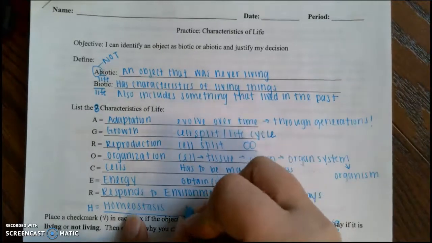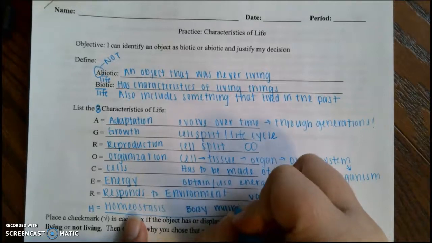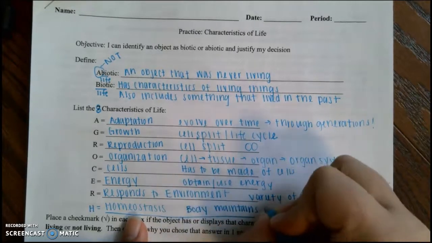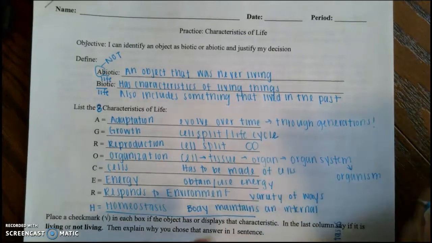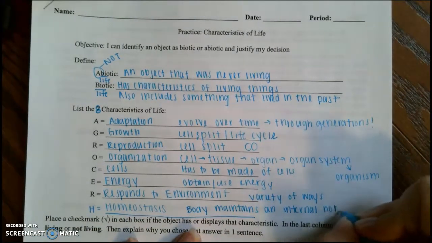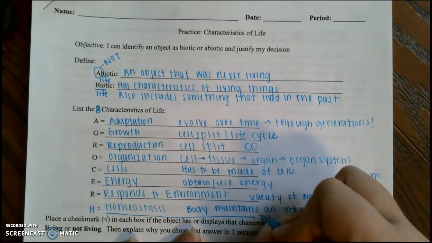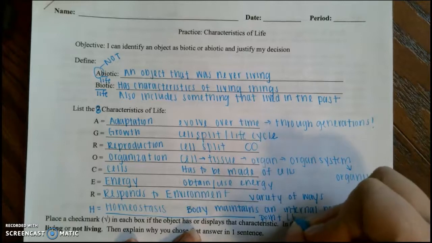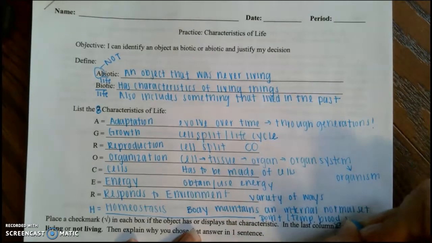So homeostasis would be the body maintains an internal normal set point. This could be for temperature or blood sugar or a variety of things.